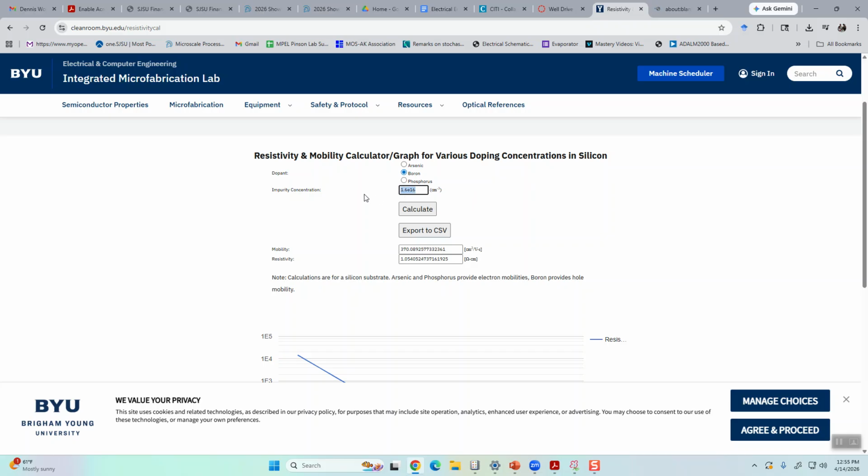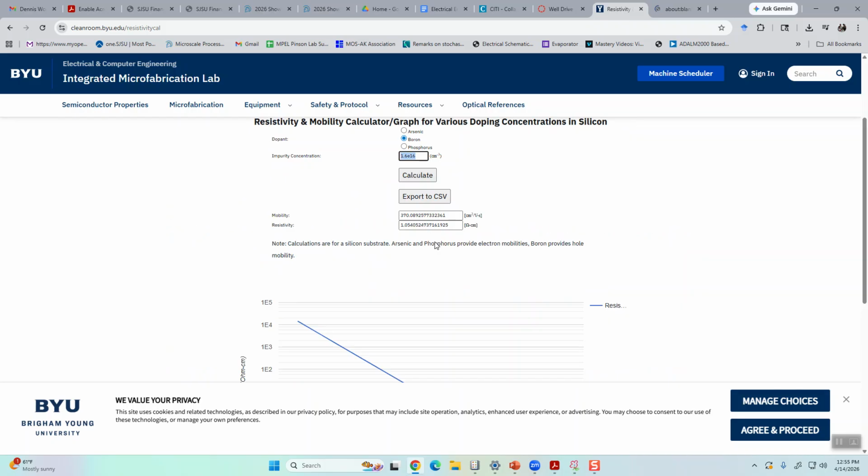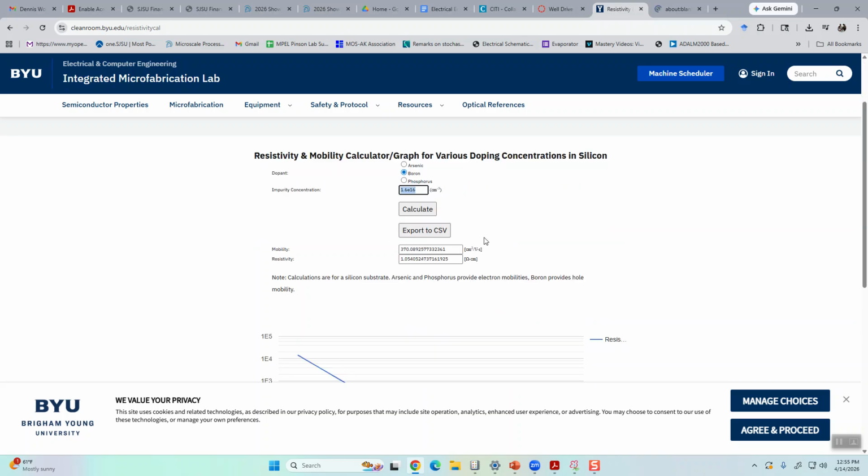And yeah, I just entered in doping concentrations and calculated until I got the ohm centimeter, right? Maybe there's a way to do it the other way. So 1.16 times 10 to the 16 gives about 1 ohm per centimeter, and 1.5 times 10 to the 15 gives about 10. So you can just Google that, and it's right there.